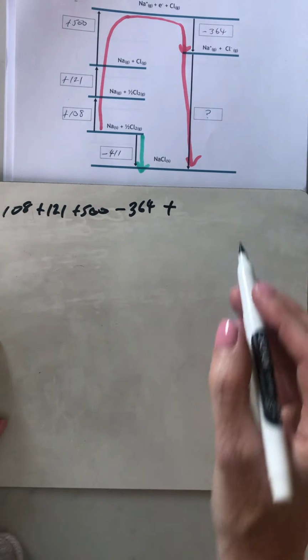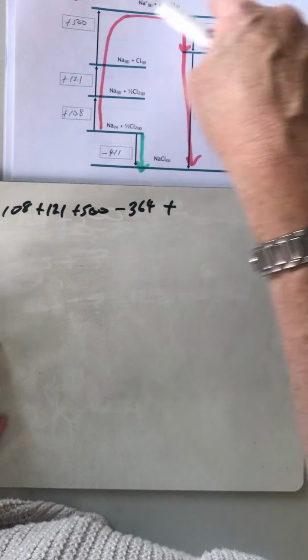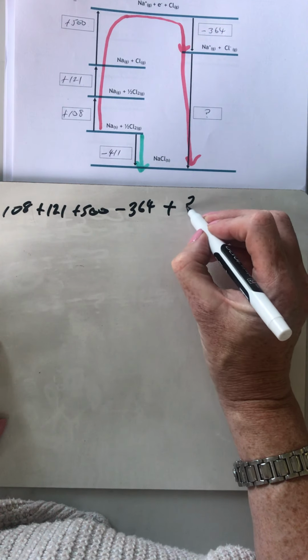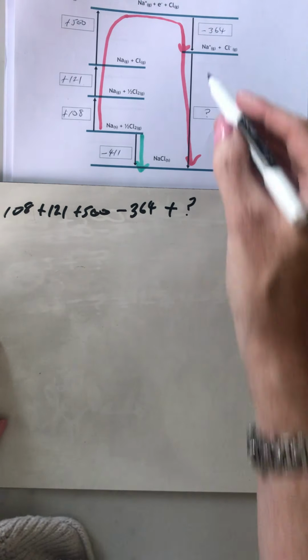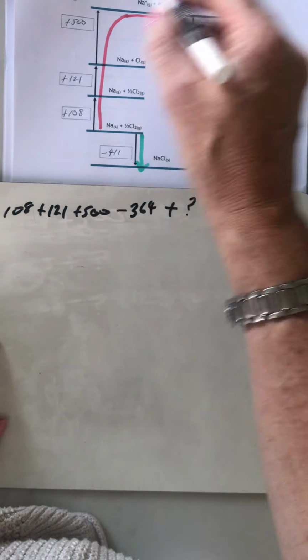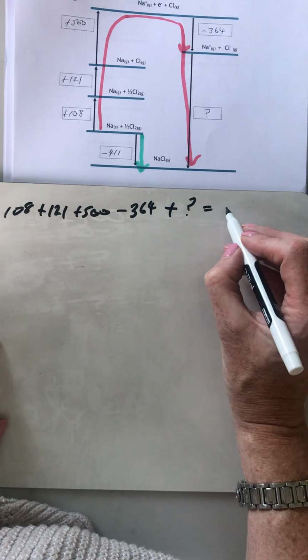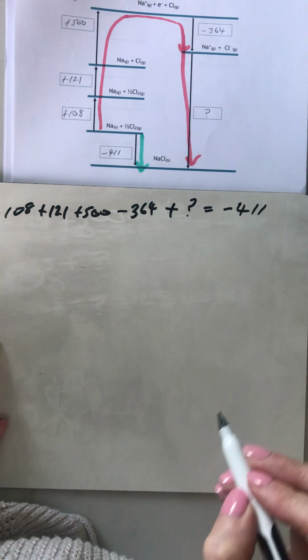Don't worry about the sign because we're going to work out the sign. So it's that plus that plus that plus that plus that. You don't need to put a minus there. We can see it's going to be a negative value because it's exothermic, but as I said, it'll work out the sign for you. And that is equal to your green route, which is minus 411.